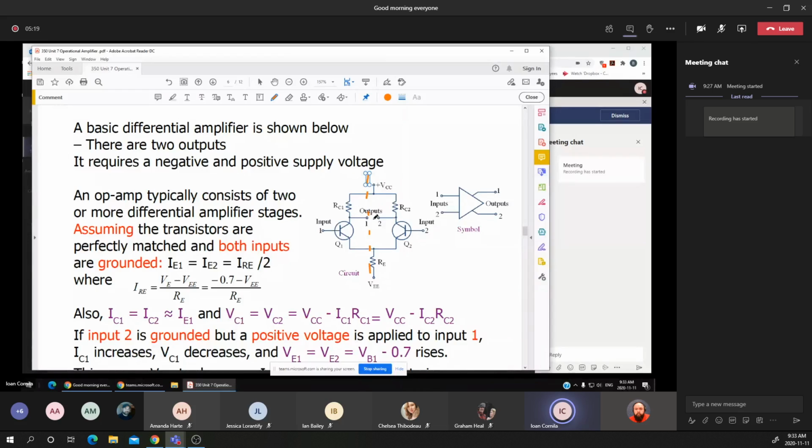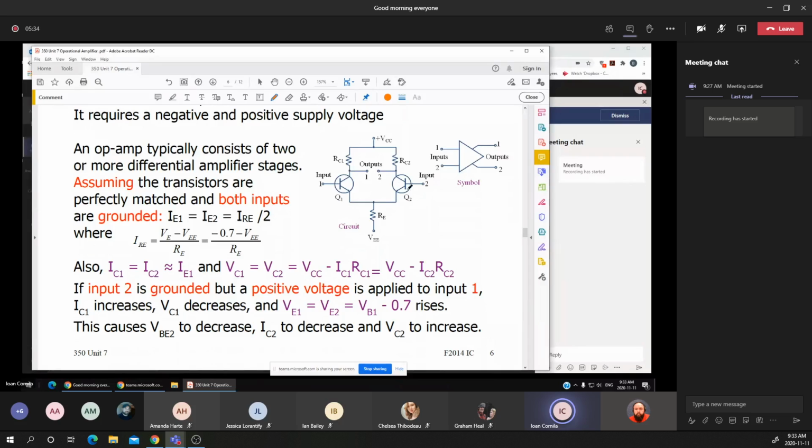Remember that the two outputs are the collector voltage of Q1, which is output 1, and the collector voltage of Q2, which is output 2. Because they are identical transistors and identical resistors, we want to determine the current that flows through the emitter resistor.